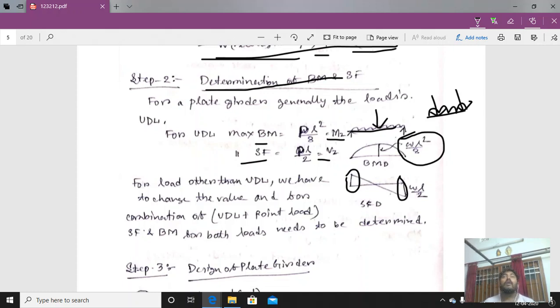If the load is not a UDL, if it is a combination of UDL and point load, then we need to determine the bending moment and shear force diagram, and the maximum bending moment will be calculated. That I have told you here also. So this is the second step, determination of the shear force and the bending moment.